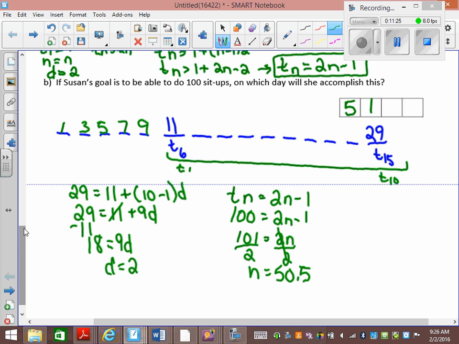Well, she would have done 99 on day 50, right? And then on day 51, she'd do 101. Because on day 50, she would have only done 99. She had to go to 51 to do 101. So technically, she's doing more, but at least she's doing 100. Does that make sense? Okay.